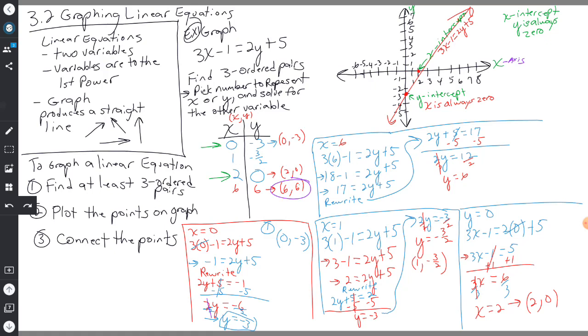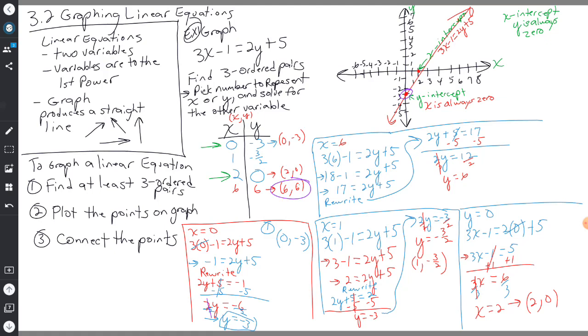And then on our y-axis, we also have a point there. That is considered our y-intercept. So our x-intercept is where points fall on our x-axis, and our y-intercept is where points fall on our y-axis.